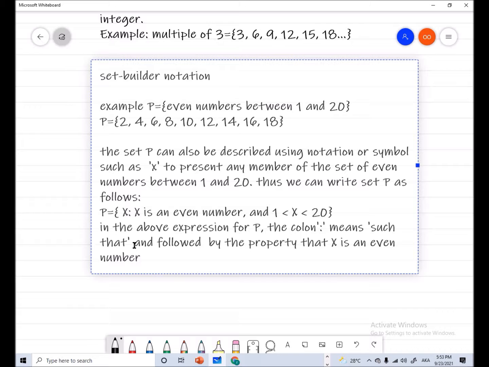So we describe x being an even number between 1 and 20. So it's clear.